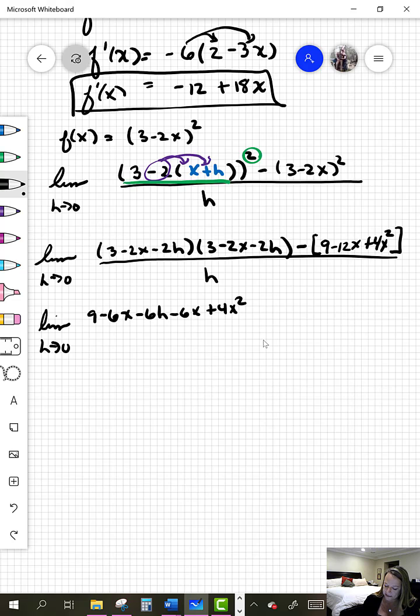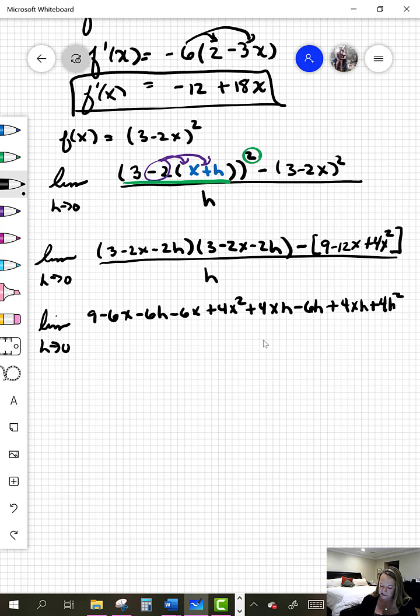Negative 2x times negative 2h is plus 4xh. One more term we have to distribute, this negative 2h. Negative 2h times 3 is minus 6h. Negative 2h times negative 2x is plus 4xh. Negative 2h times negative 2h is plus 4h squared.